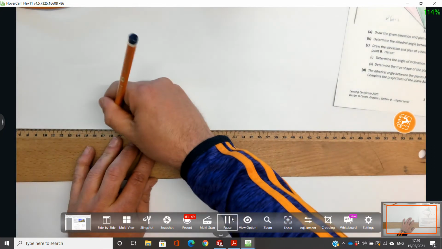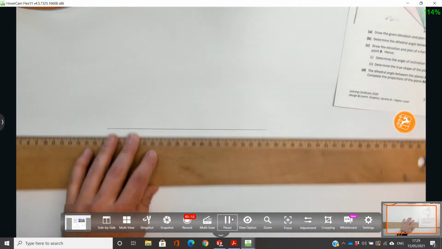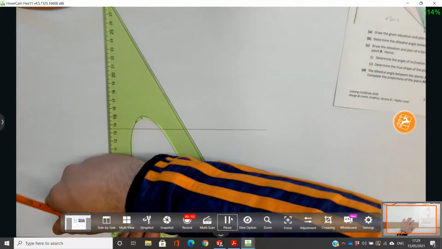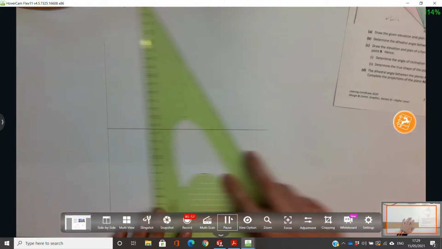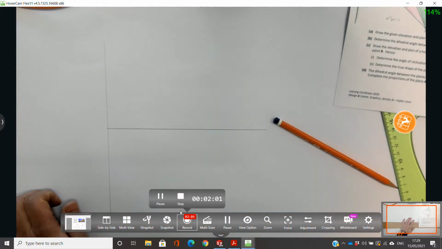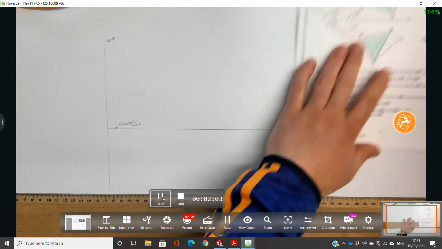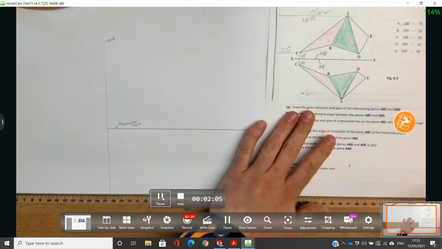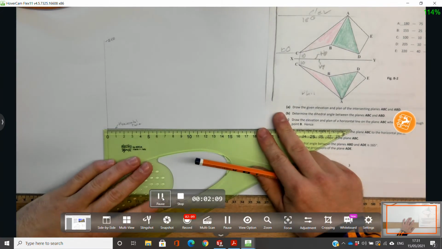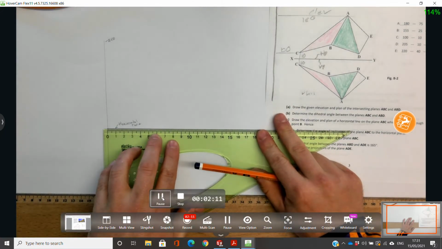Okay, so our XY line and our YY line there. So A, we're going across 180 from the vertical plane, the YY line.